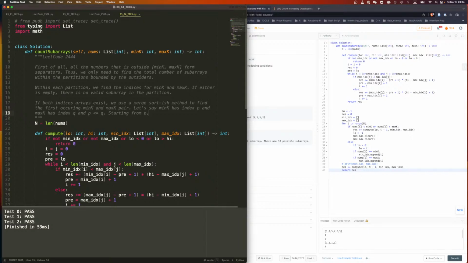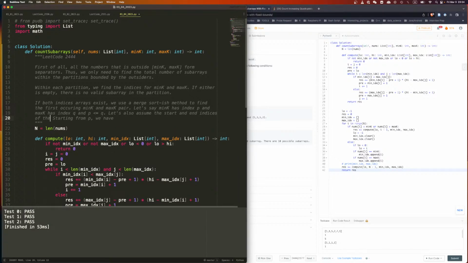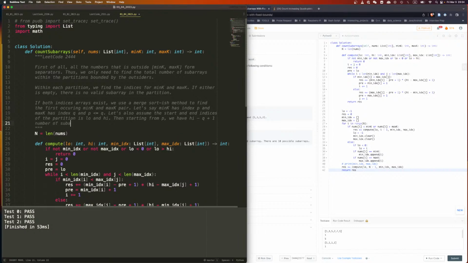Starting from p, let's also assume the start and end indices of the partition are low and high. Then starting from p, we have high minus q plus 1 number of valid subarrays.